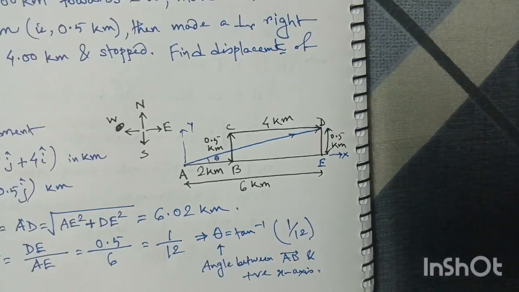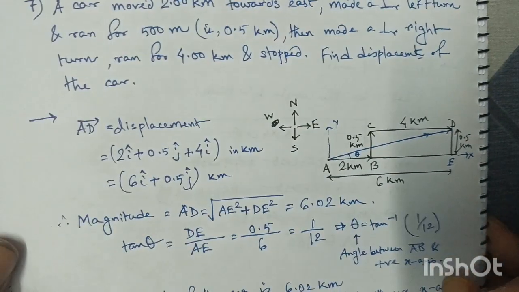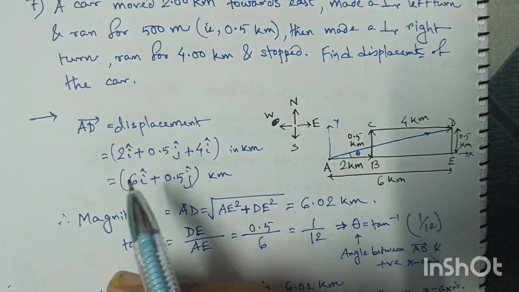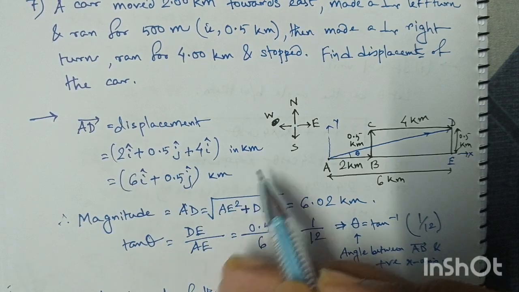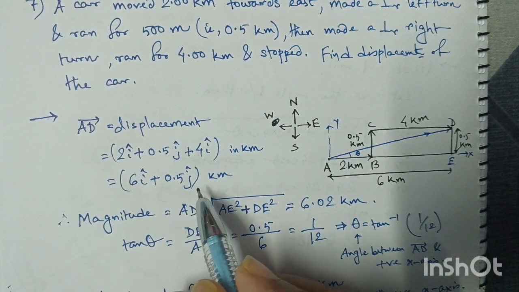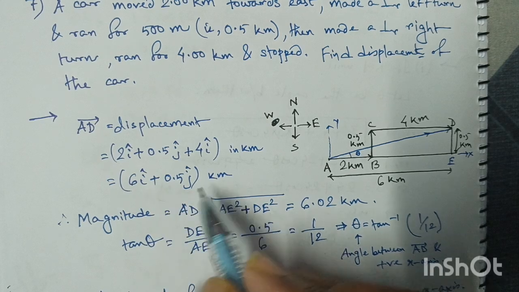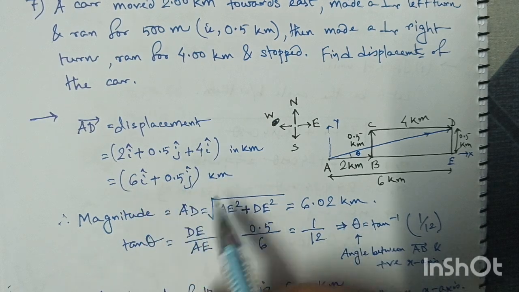Now coming back to the sum. AD, the displacement, is equal to 2i cap plus 0.5 j cap plus 4i cap in kilometer, equal to 6i plus 0.5j kilometer. Since displacement is a vector term, it is all right.